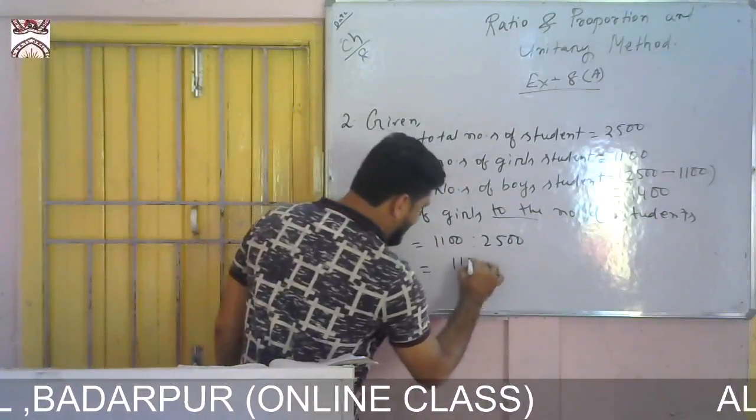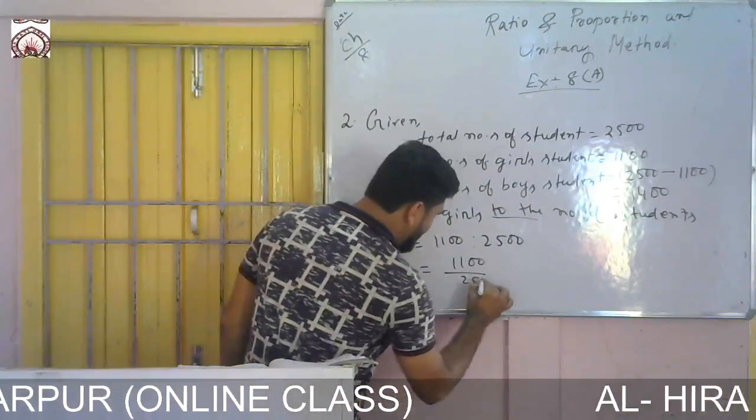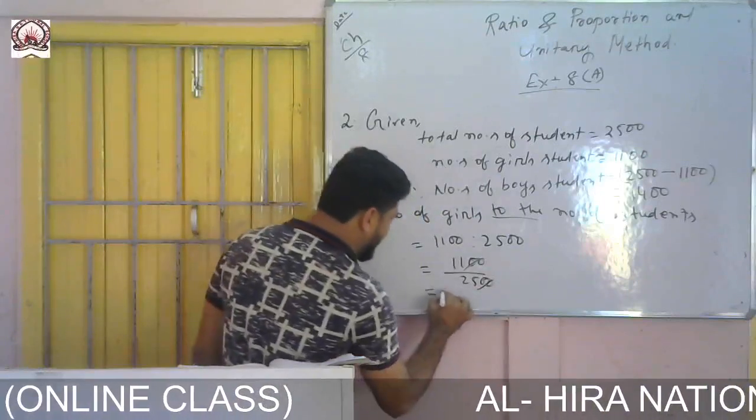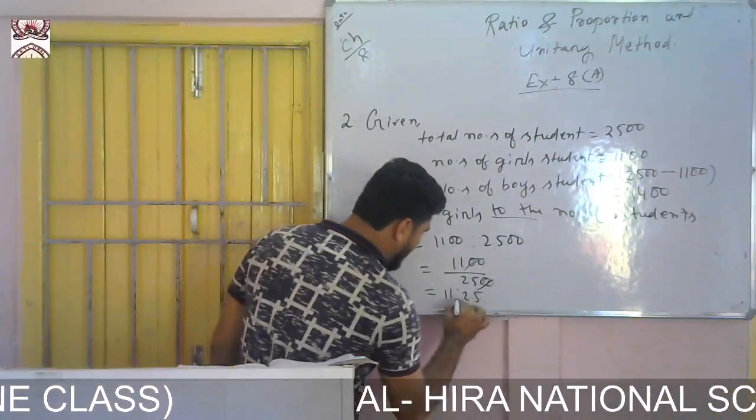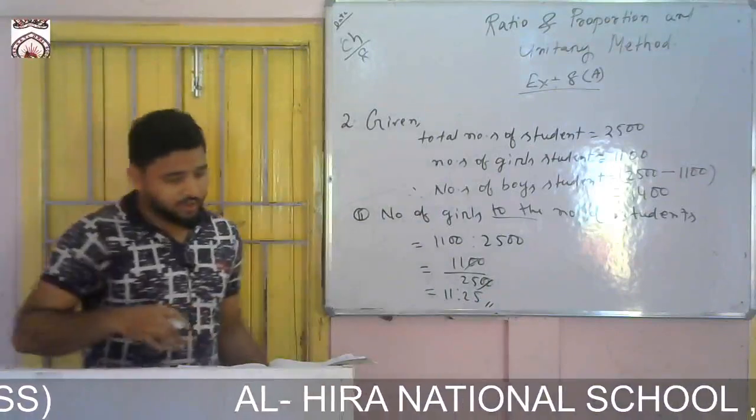So 1100 by 2500, cancel 2 zeros, so remaining 11 is to 25. Okay.